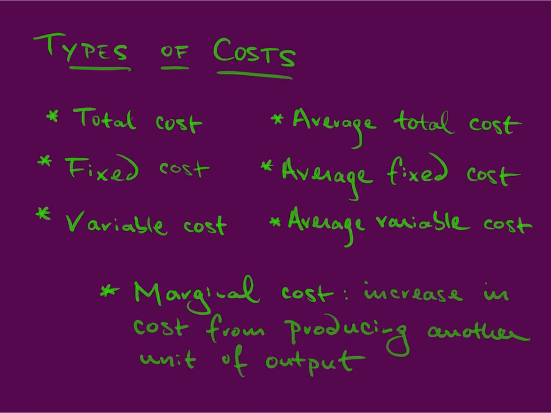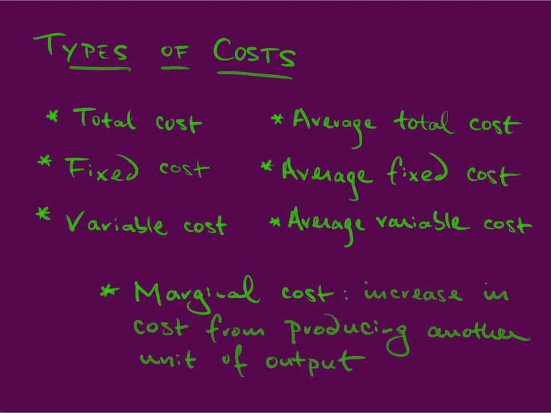Okay, you're going to need to recognize the following types of costs. As I just said, fixed costs and variable costs, the total cost, which is the sum of those two, and then the averages of total cost, fixed cost, and variable cost.